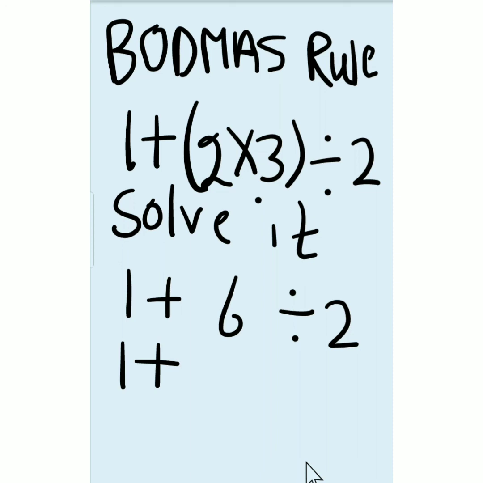So 1 plus, now 6 divided by 2 is 3. That was step number two. Now there is only one operation, and addition comes at the end. So 1 plus 3 is equal to 4. This is the answer.